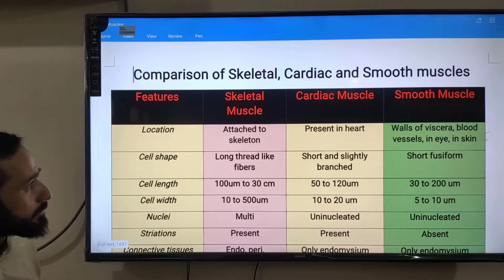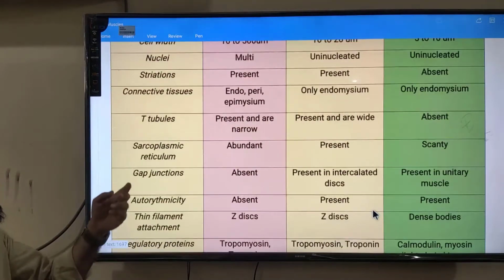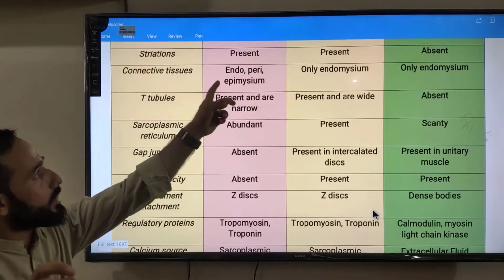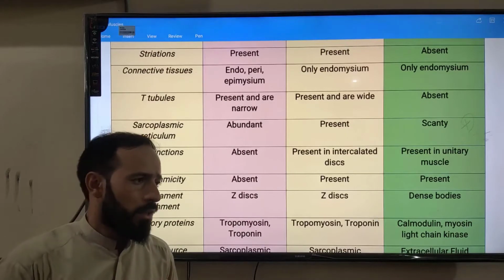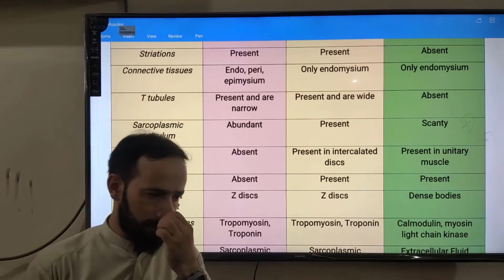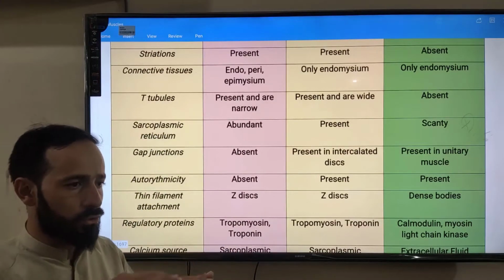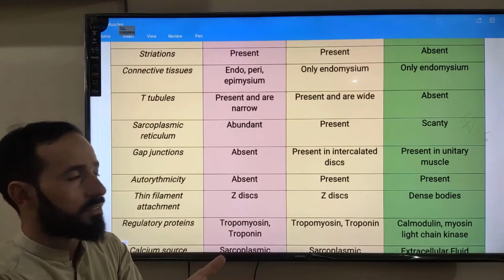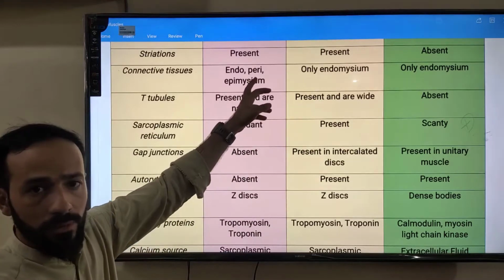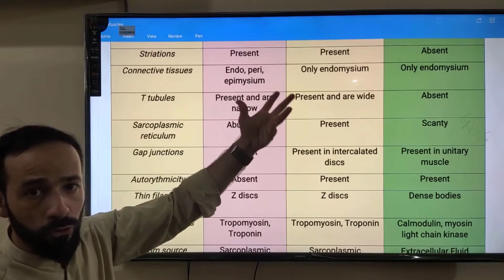The next property is of the connective tissue surrounding the muscle, right? When I opened the skeletal muscle, I told you that about the skeletal muscle there is the epimysium, perimysium and endomysium.